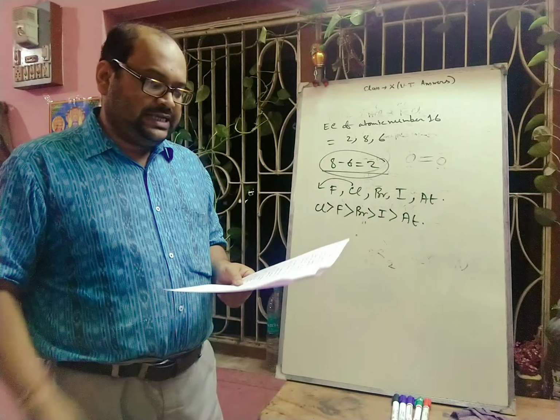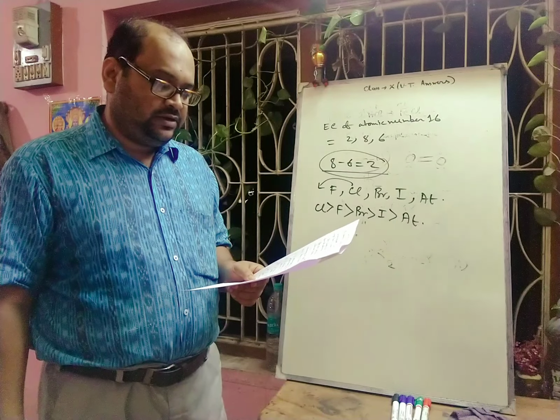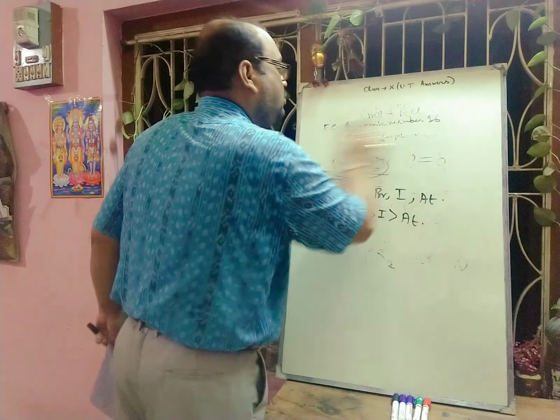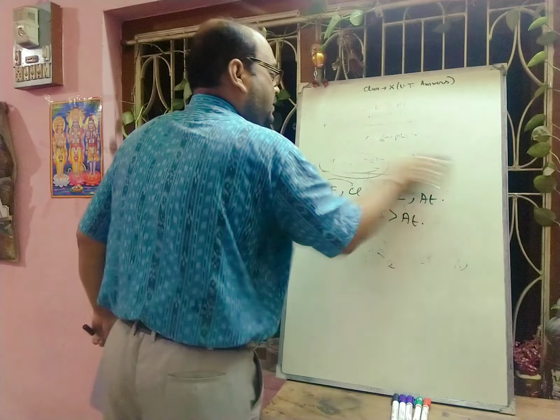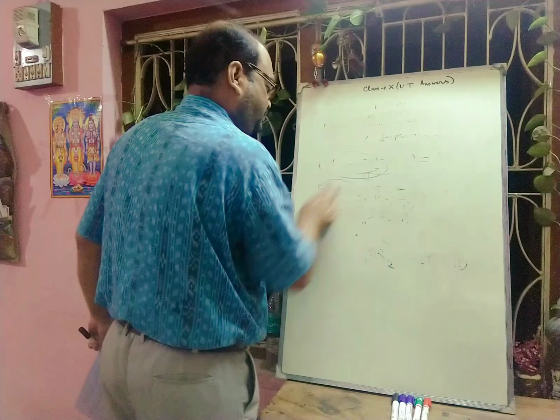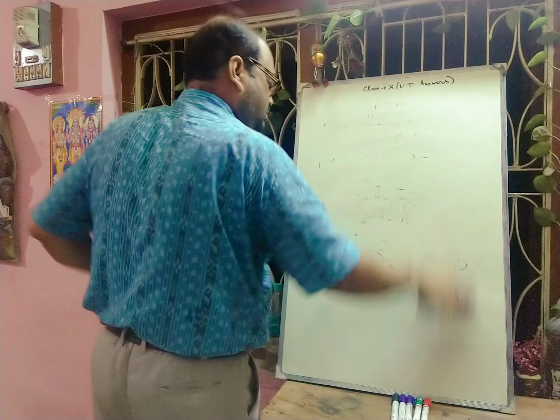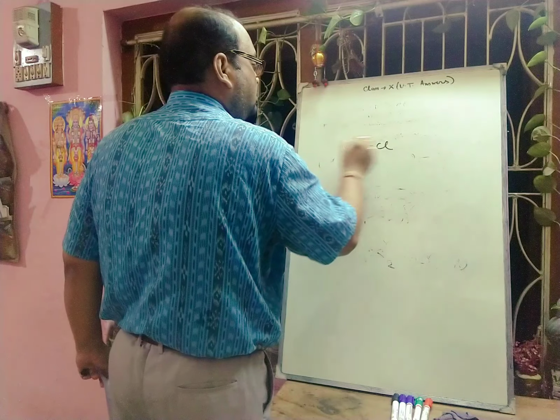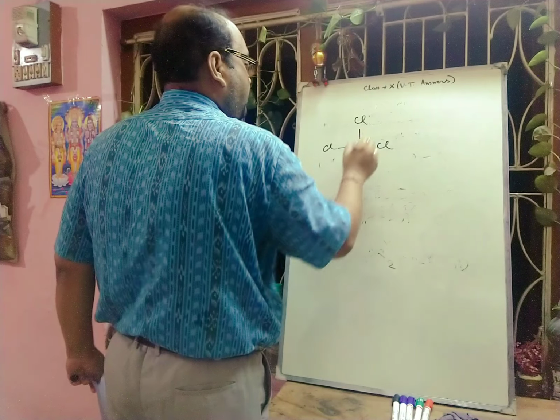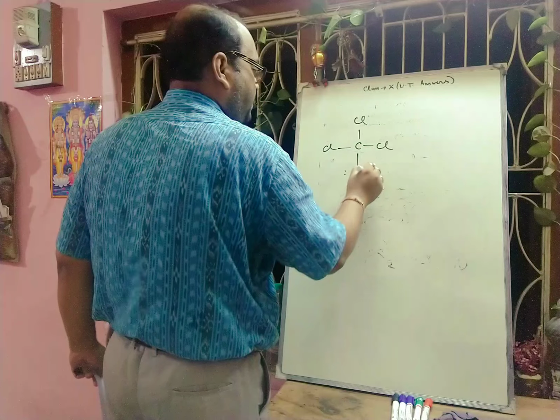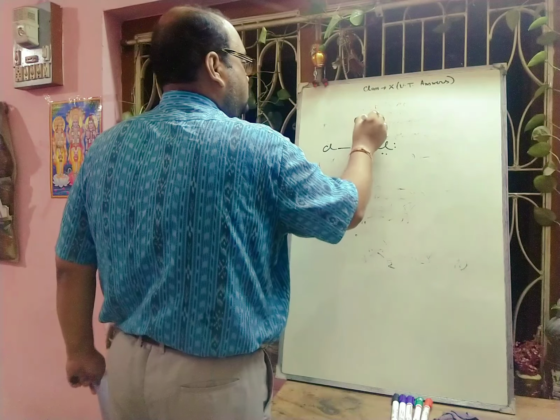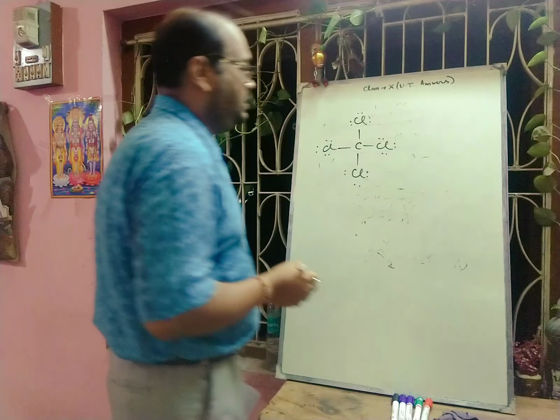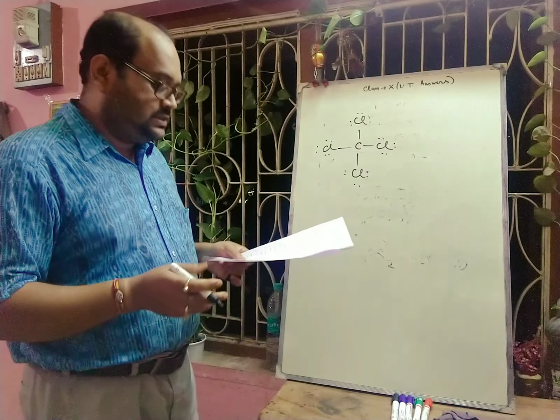Next question is given, state the number of shared electrons and unshared electrons in a carbon tetrachloride molecule. So first we have to draw the structure of CCl4. How many electrons are shared in bonding, and how many remain as unshared pairs of electrons?